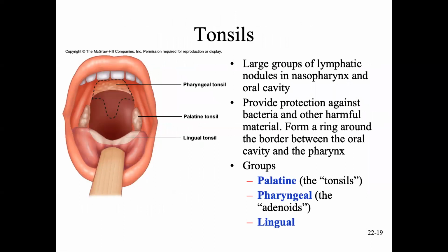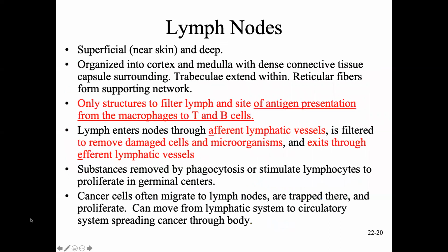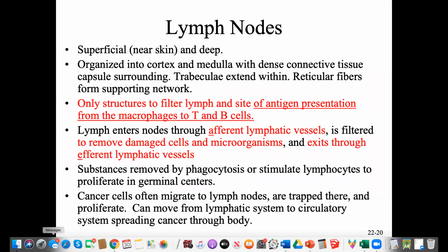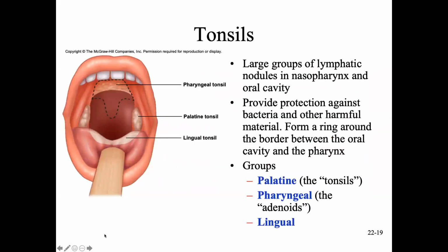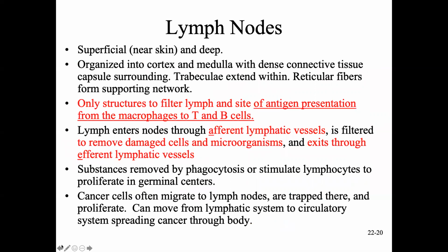They're found on the lateral aspect of our mouth. We have one pharyngeal tonsil, also known as the adenoids, right? That's found in the back of our throat. And then you're going to have one right under your tongue called the lingual tonsils.